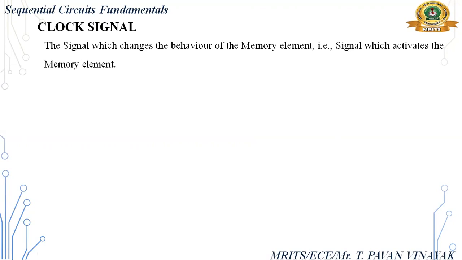Next, clock signal. So what is a clock signal? A signal which changes the behavior of the memory element, or the state of the memory element. So what is a state? Suppose I have one memory element.